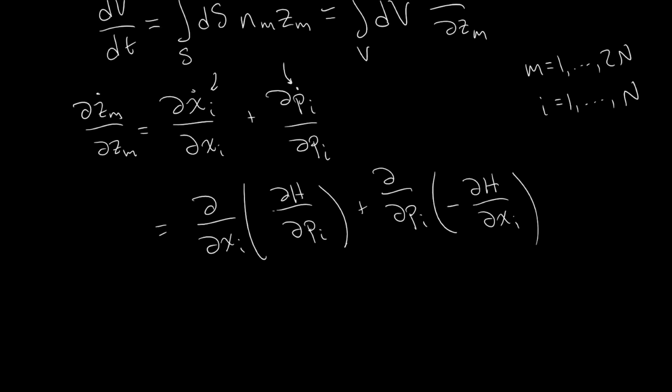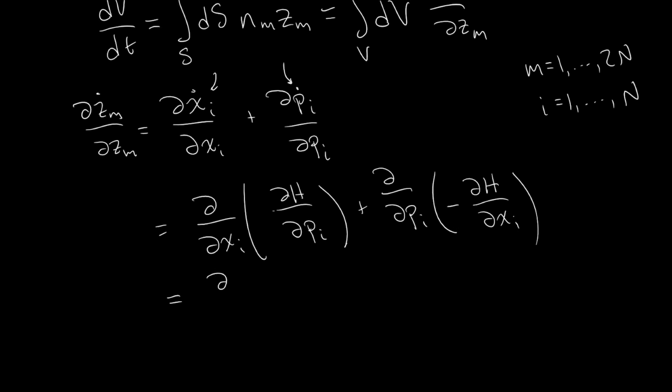But since the x's and p's are independent variables, their derivatives are going to commute with each other, meaning that it doesn't matter the order in which I take the derivatives. I can take the derivative of H with respect to x and then p, or vice versa.